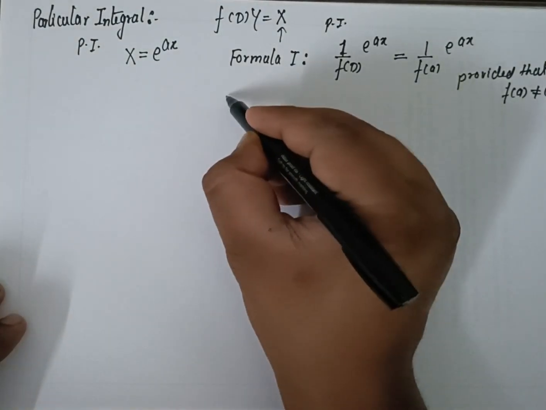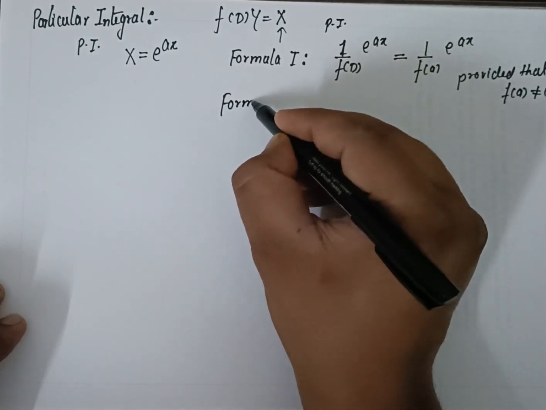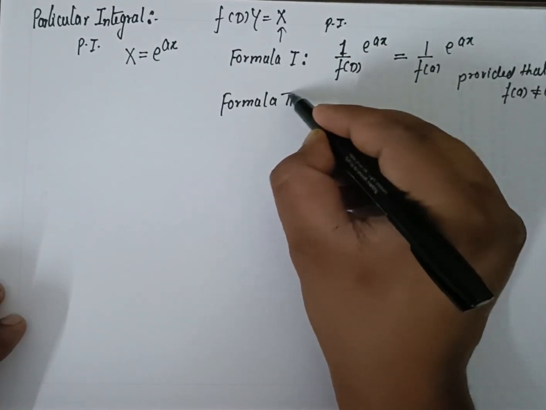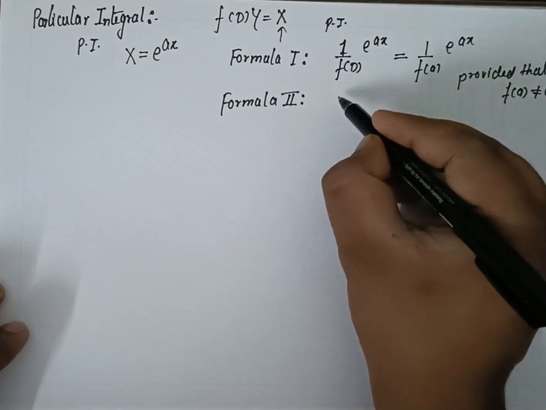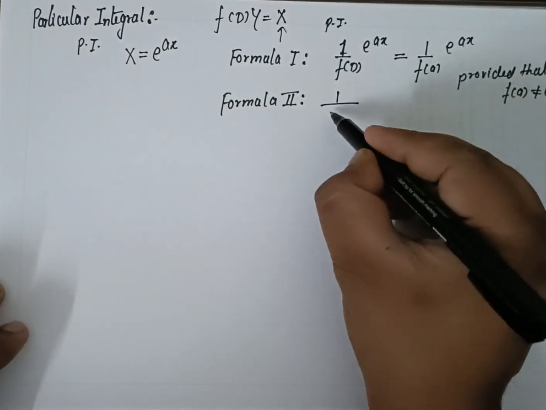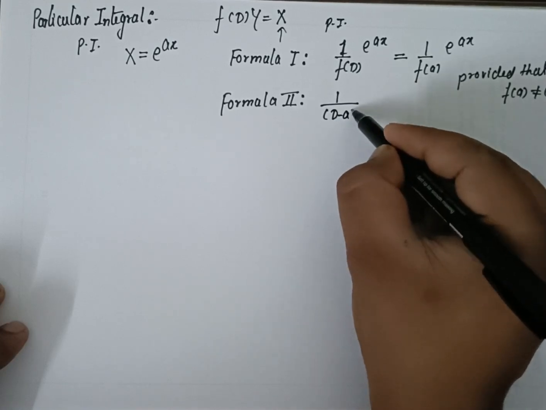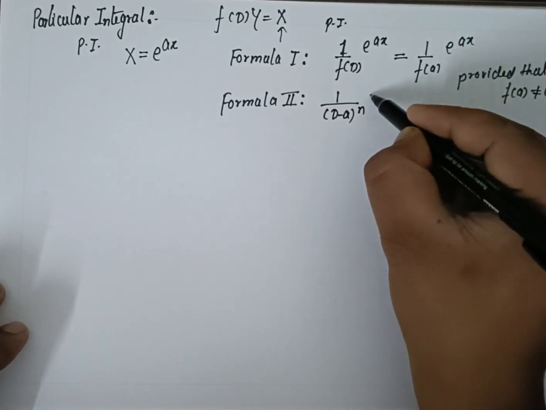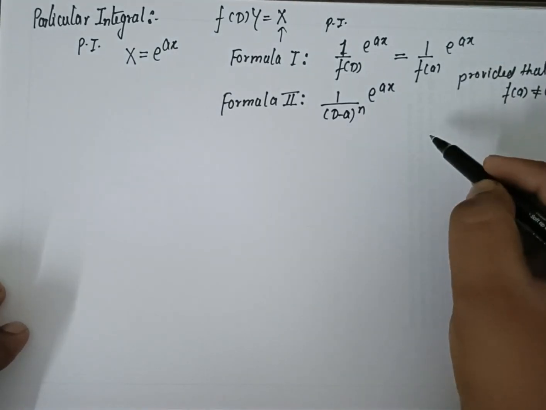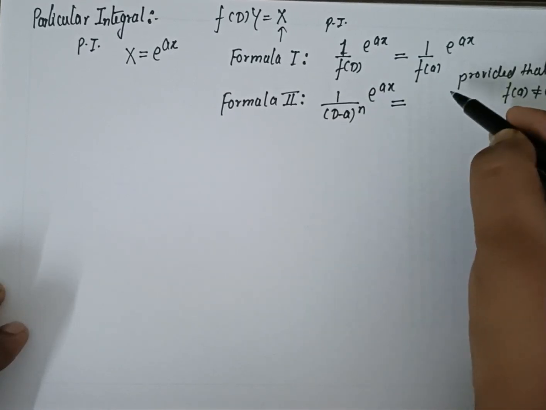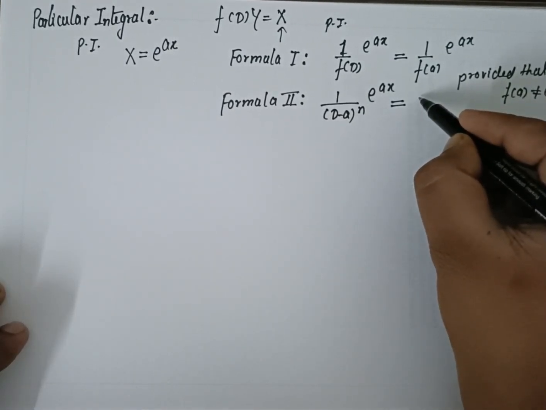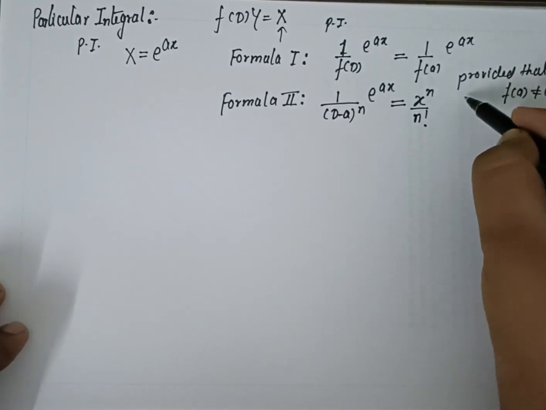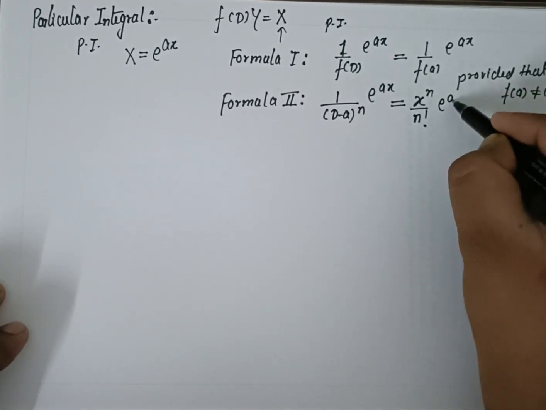And formula 2: if your f of D is some power of the same linear factor, for example (D minus a) to the power n, and e to the power ax, then in that case you can find the particular integral as x to the power n upon n factorial, and e to the power ax.